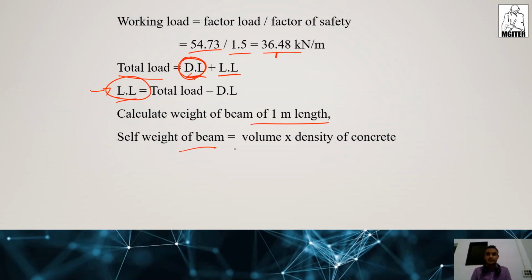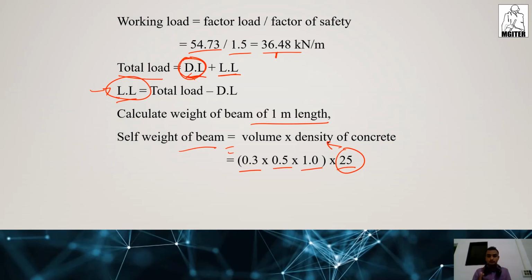Then the self weight of the beam is equal to volume times density of concrete. Volume means, look here, 0.3, 0.5 and 1, times 25. 25 is the density of concrete. We learned this, the unit weight of concrete in the dead load, in our first lecture, unit 1.